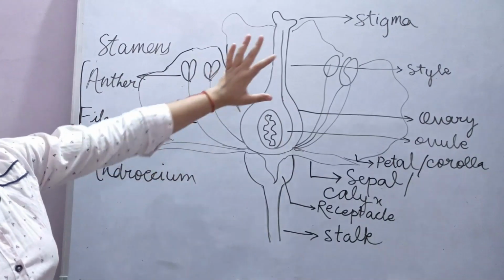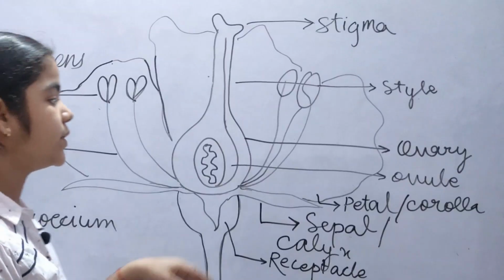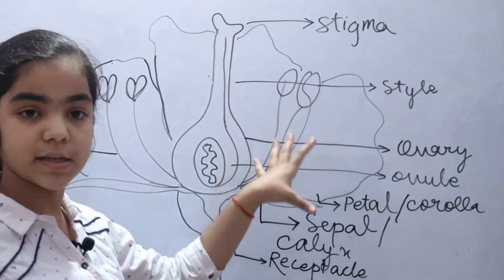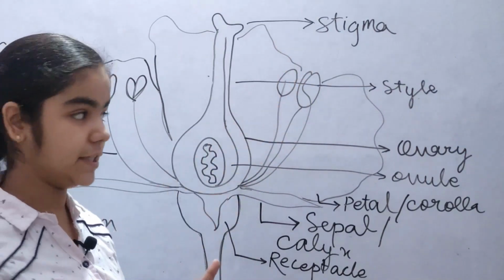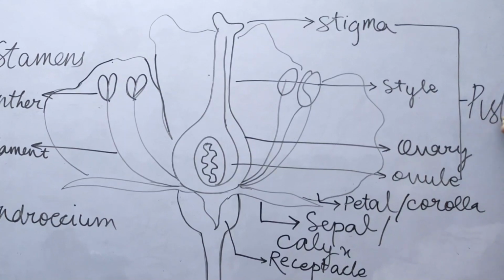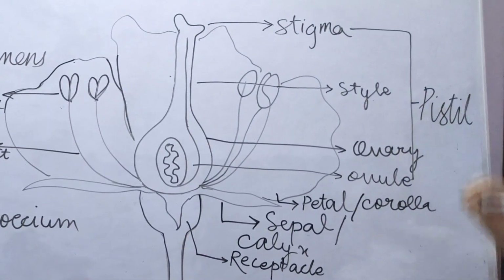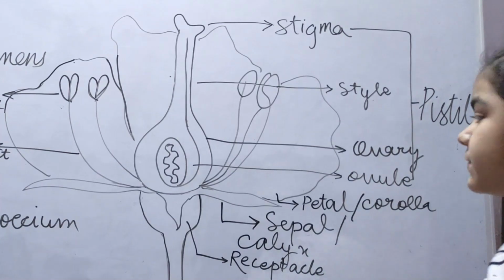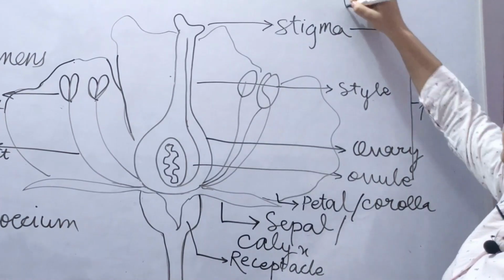Same is the case with the female part, that we cannot just call the parts in the same way. We need a proper name for these. This part is called pistil. Or say these all are collectively called pistil. The biological name for the female part is gynoecium.